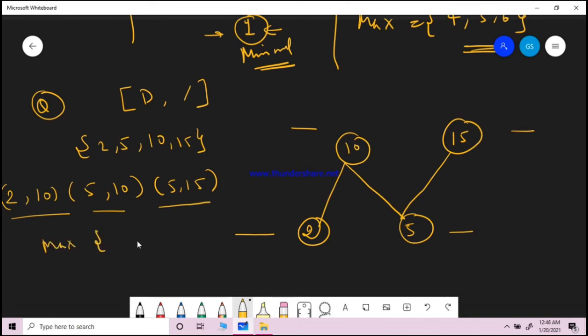Maximal, so we have 15 and 10. Minimal element is one that never appeared in the right hand side. So we have 2 and 5. So these two are minimal and these two are maximal. In this case, we have multiple minimal and maximal elements, and this is possible. You can have multiple maximal and multiple minimal.